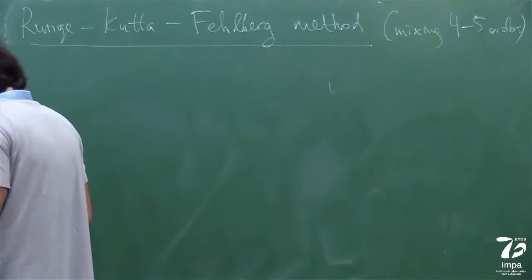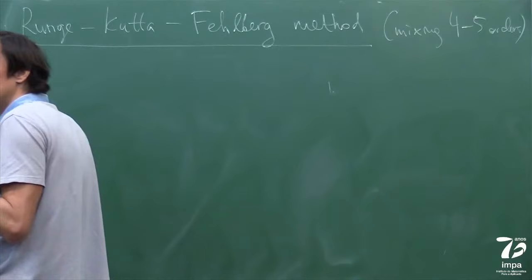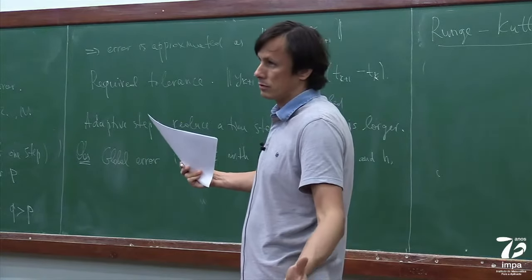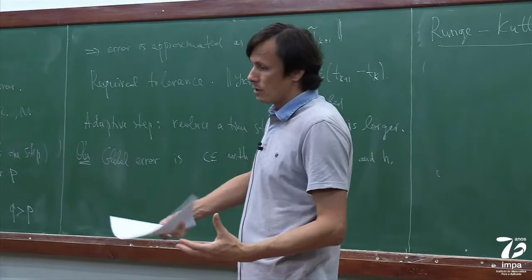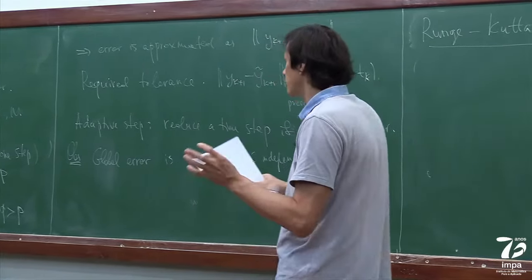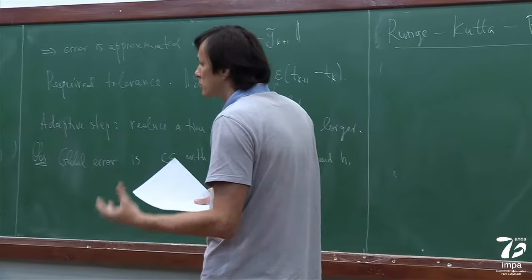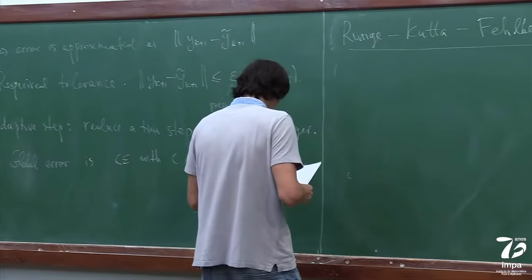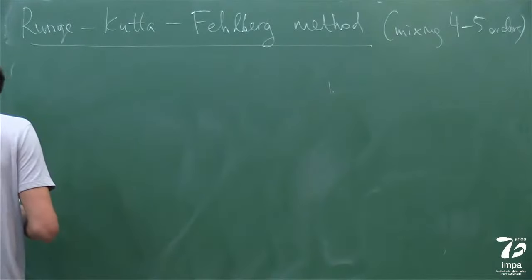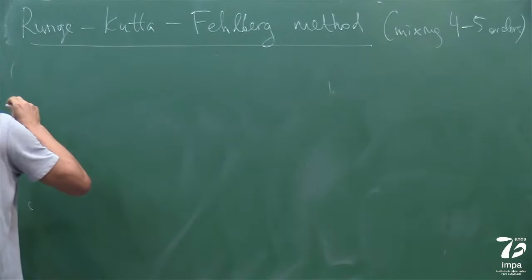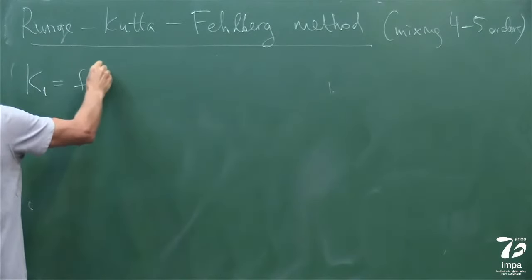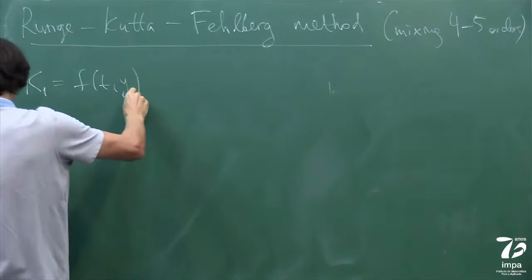It's not so obvious because you remember that every order of Runge-Kutta is a different combination, and these combinations are always compositions. So it's really some fine tuning of coefficients that gives you, with the same terms, two different orders. So how do you do it? Remember that we need these k terms, which are compositions. The k1 is original.